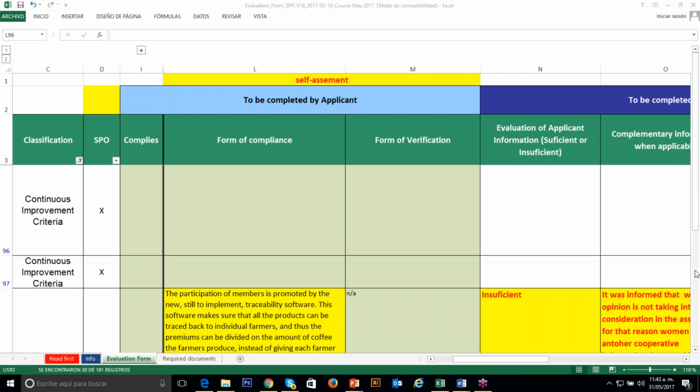Then I asked if you will inform the SPO before, so that they do not get in a problem of suspension because of not being informed before.